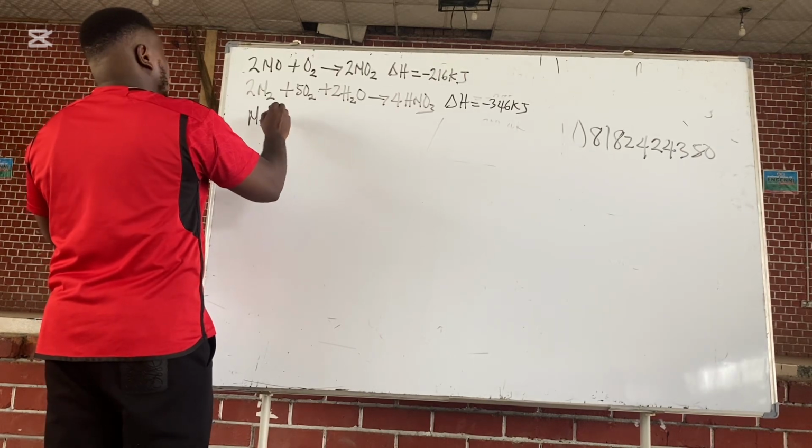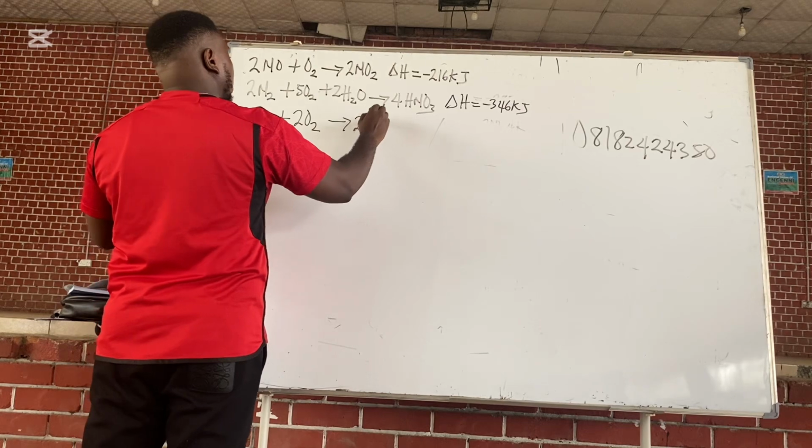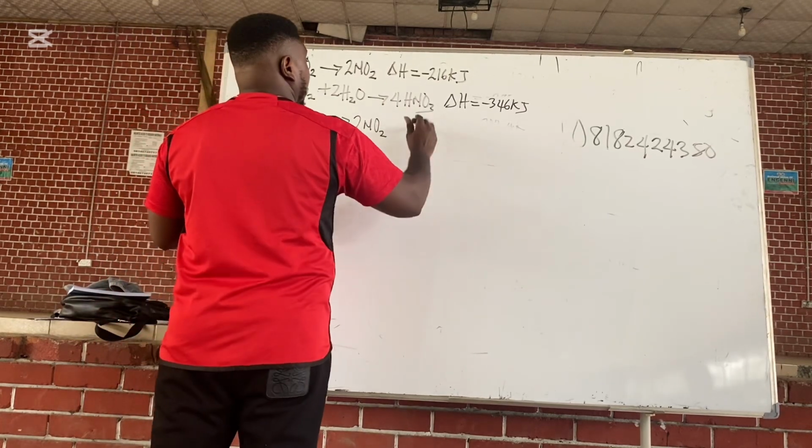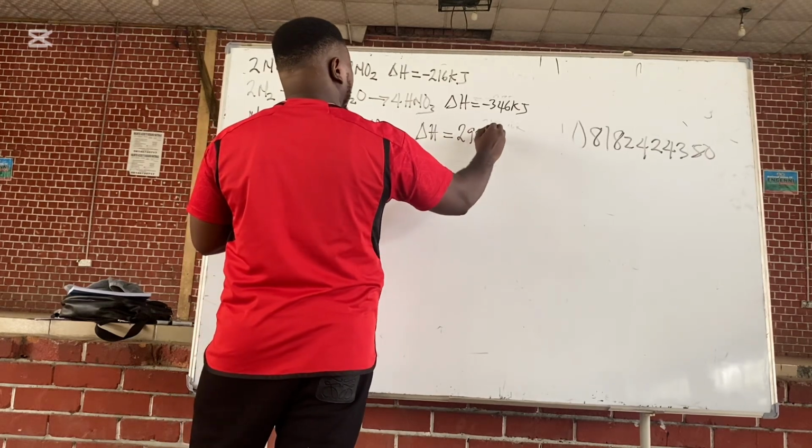N2 plus 2O2 to give 2NO2, enthalpy change 298 kilojoules.